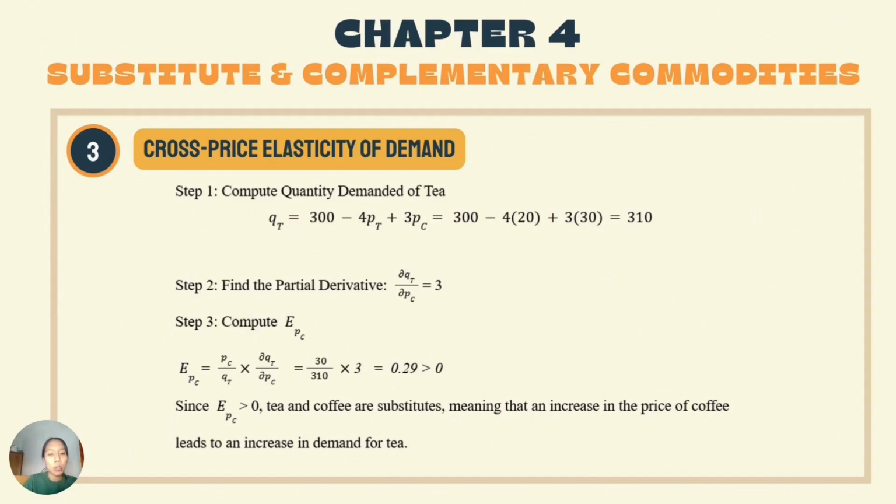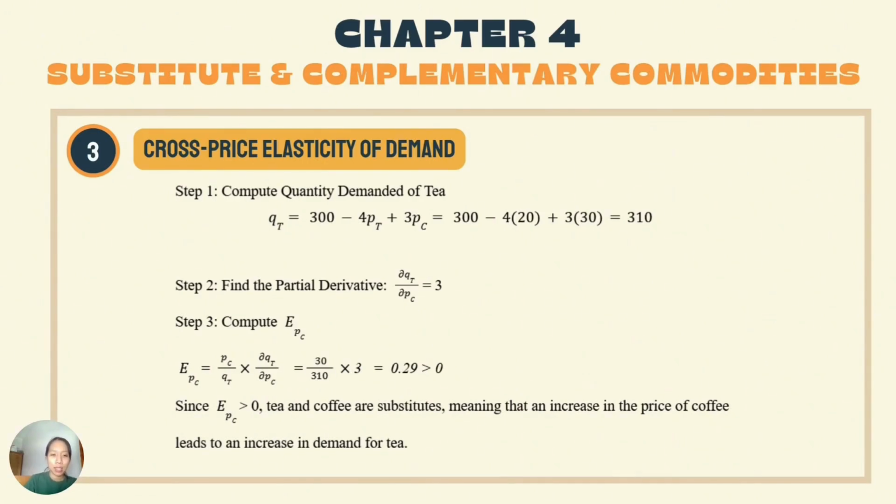Because this partial derivative is with respect to the price of coffee, the 300 minus 4 times the price of tea part can be deleted because it is a constant. So the remaining part is 3 times the price of coffee, and the derivative is only 3. So the partial derivative of the quantity demanded of tea with respect to the price of coffee is equal to 3.